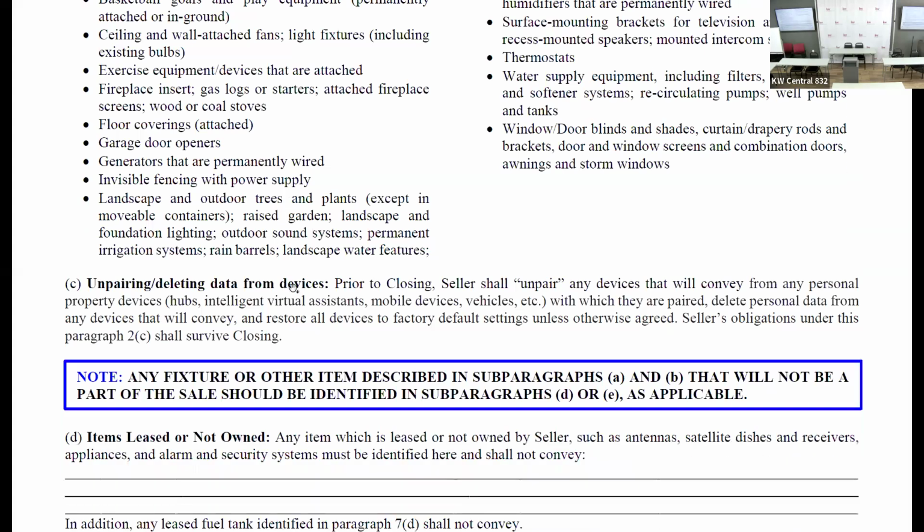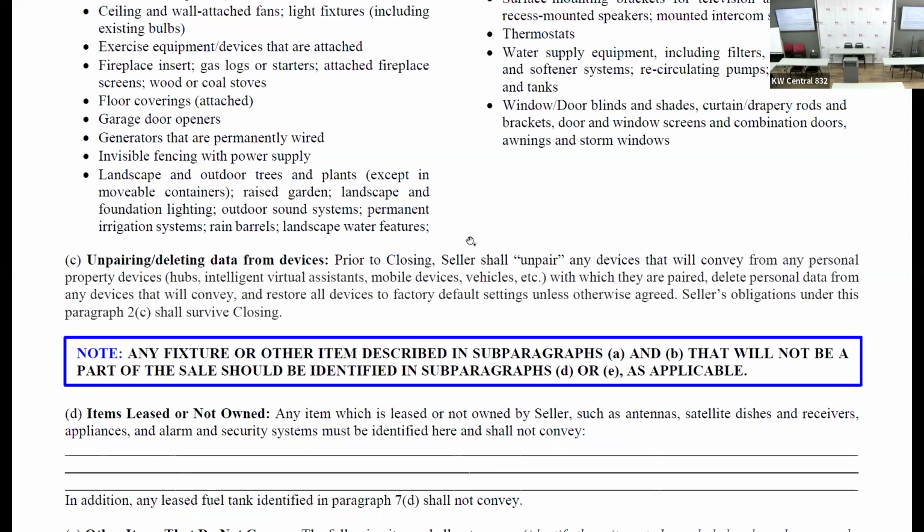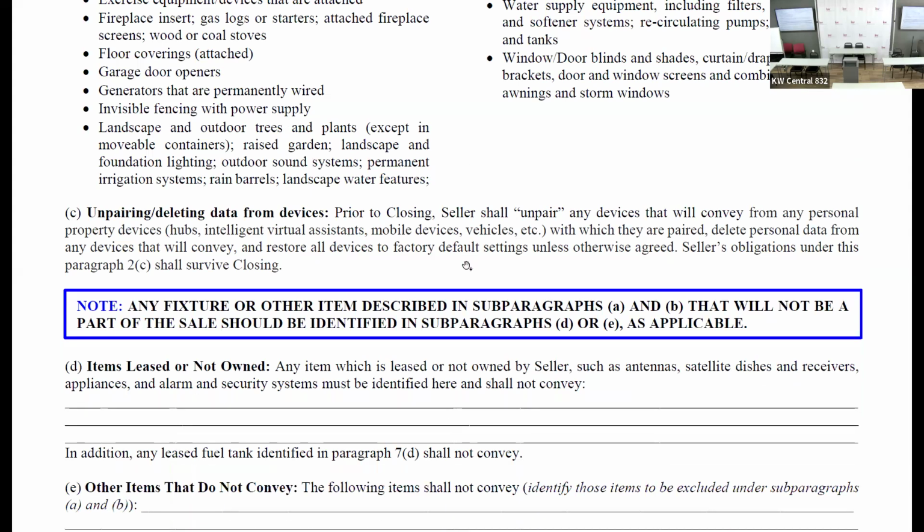Just a reminder, you want to make sure you're going over with your seller that they must unpair any device that conveys. They have to either go back to factory settings or delete the device altogether, whether it's on your smartphone, on your iPad, or programmed into your car where you hit the button and your garage door opens.